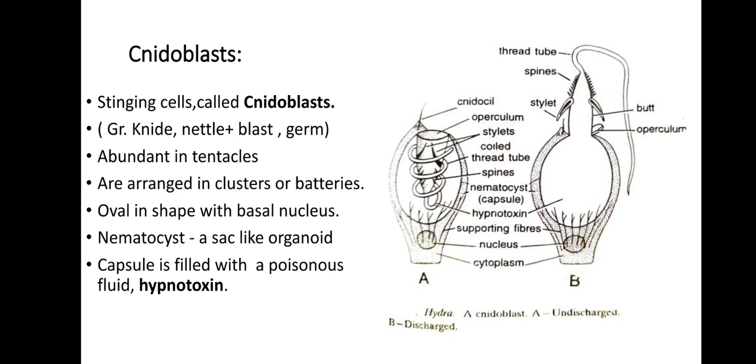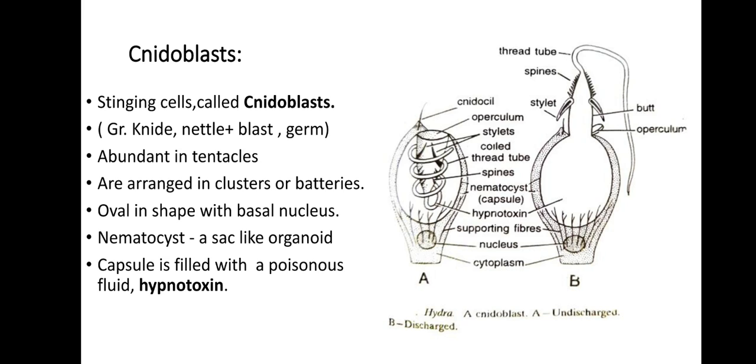Now we are going to see one of the special cells called cnidoblast. Here the name cnidoblast, as I said earlier, is from Greek, where cnid means nettle and blast means germ. Okay, and this is a characteristic feature of Cnidaria or the Cnidarian members.